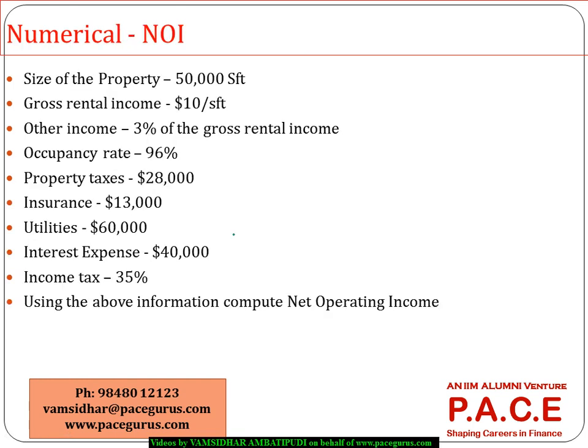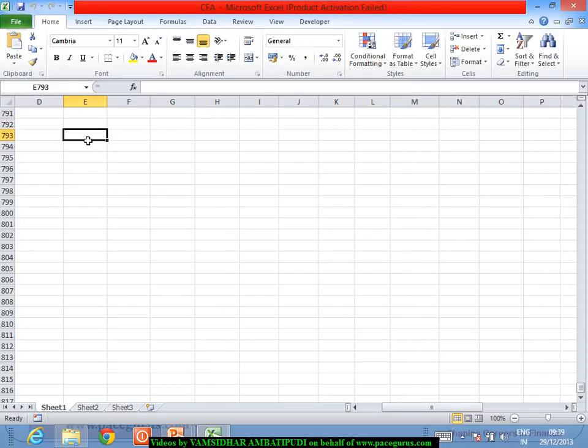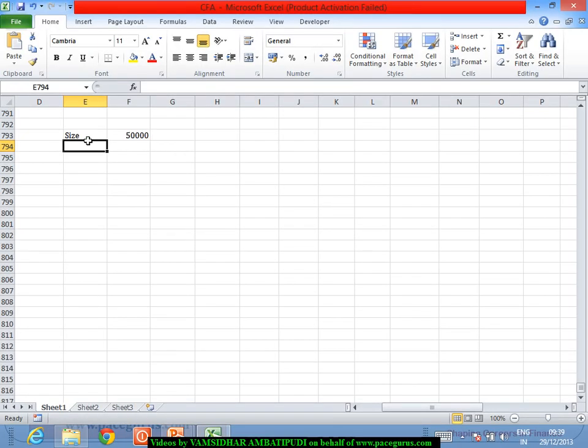In this case, let's quickly look at some small numericals so that we can work out better on it. I'm talking about a property whose size is 50,000 SFT. The gross rental income is $10 per SFT.